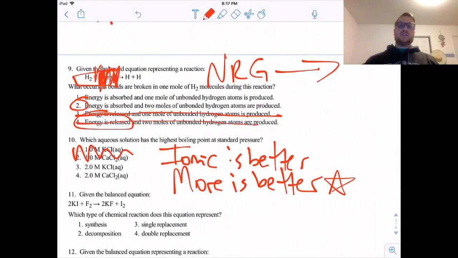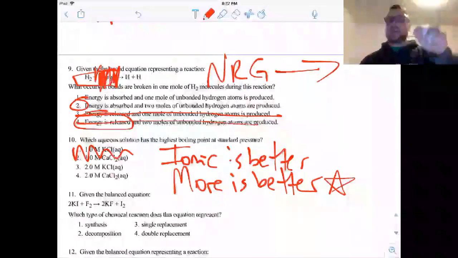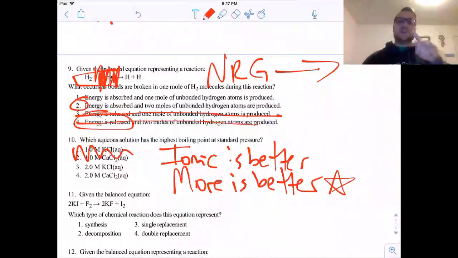Now I would do the more is better for the context of this problem, because when I look at all my answer choices, it's either KCl or CaCl2, and K is a metal, and Ca is also a metal. So I didn't have to worry about the ionic is better part for this question because they're already all ionic. More is better applies in 2 ways.